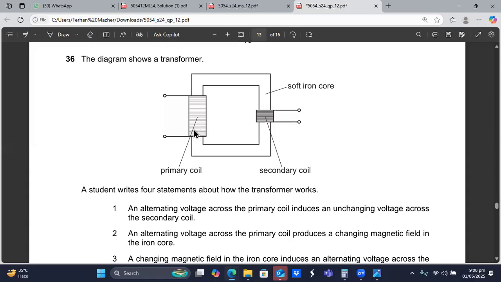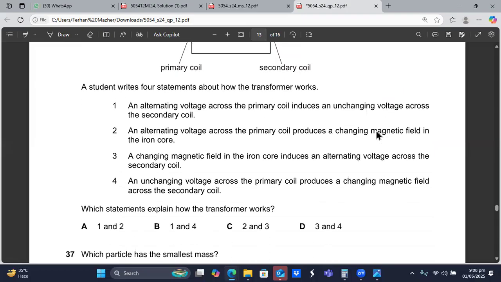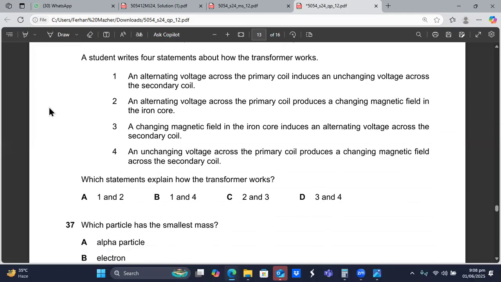So the magnetic flux passing through the secondary coil is also changing. Because of that changing magnetic flux, an alternating EMF is induced in the secondary coil. This is the basic principle of your transformer.